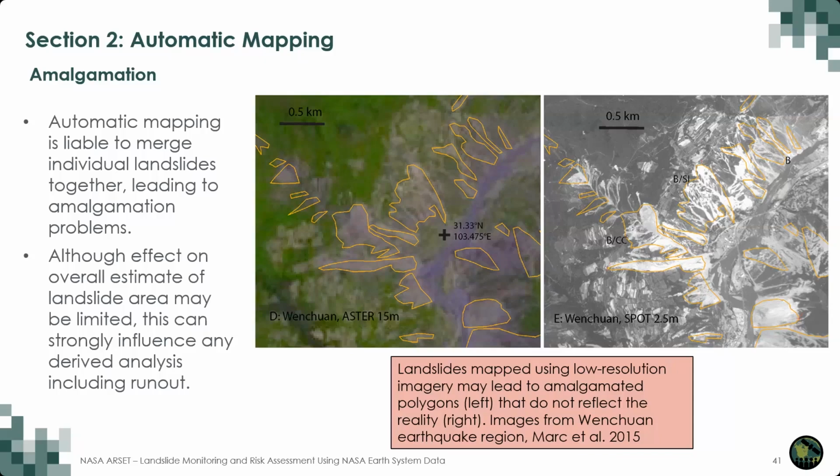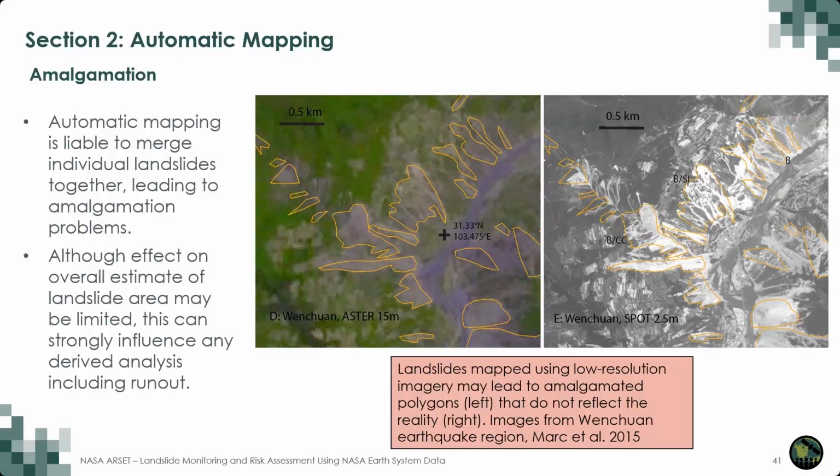On the right-hand side, this is 2.5-meter SPOT imagery of the same area, but now you can see that there's a lot of detail within the landslide areas that's highly complex, and in some cases, the specific landslide bodies that we've mapped as single large landslides may in fact represent multiple small landslides merged together by the coarse analysis.